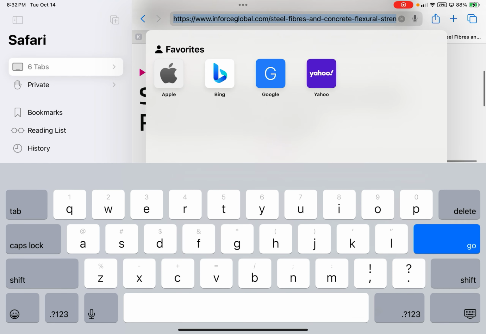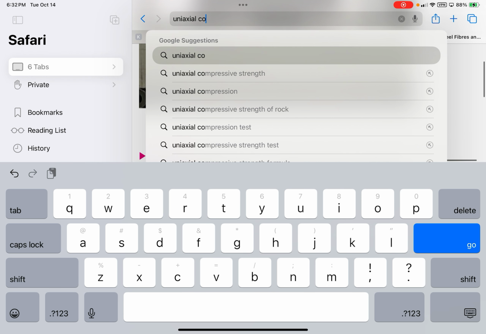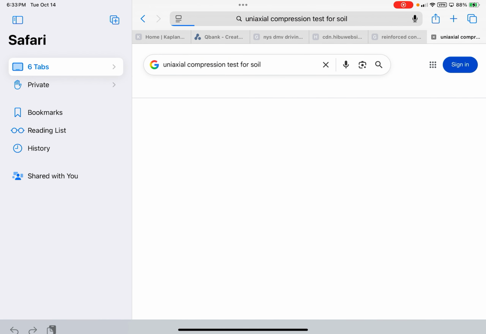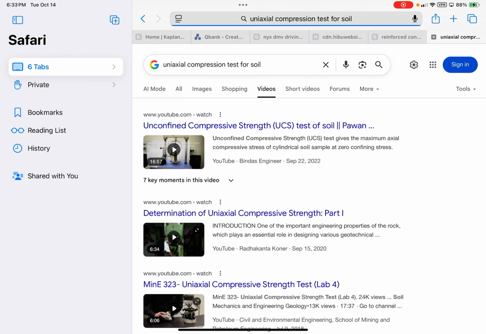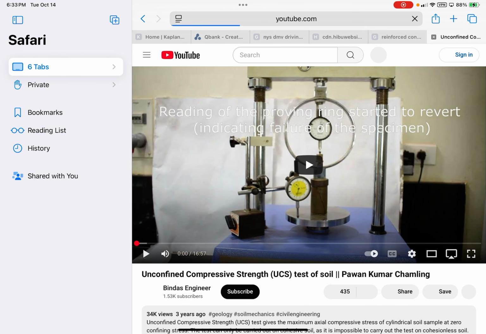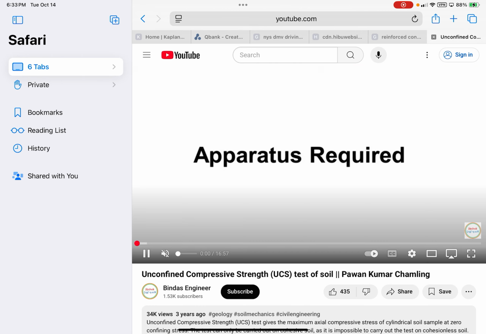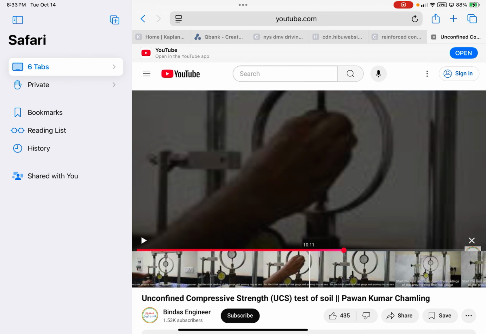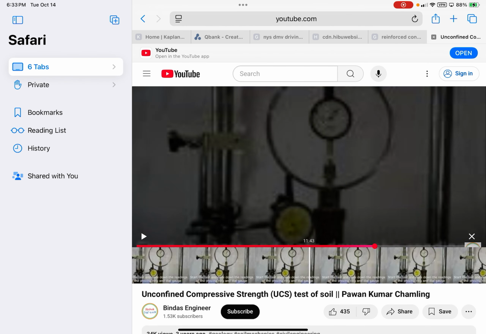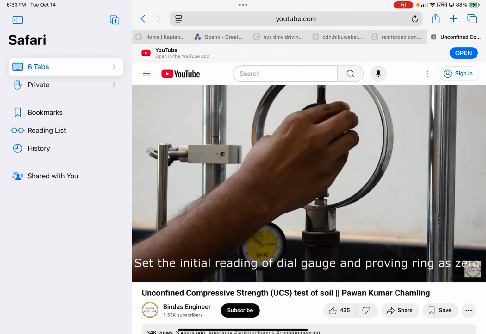Here, let me pull it up just so you guys can see. Yeah, it's a UCS test. They prepare the sample and then it's used to get geotechnical data.